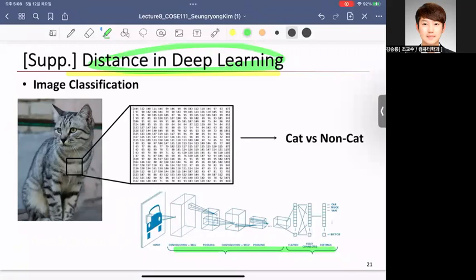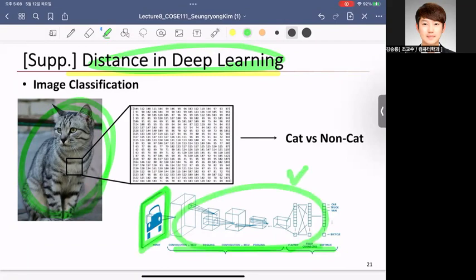So if you are interested in this, please try to watch a YouTube video or take an artificial intelligence course or a deep learning course. But anyway, this is an image, and this problem is to answer whether this is a cat or non-cat. In deep learning, given an image, we combine the input image with some black box layer and generate the feature vector.